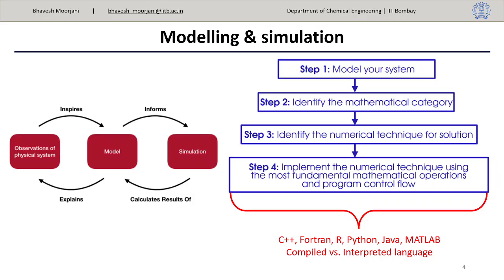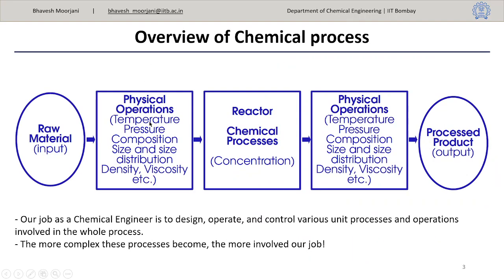Now for us as chemical engineers, when we have a model ready and we want to simulate it, and our system and equations are simple, we can solve it very nicely. Let's consider a physical operation of temperature change, so we have a heat exchanger.